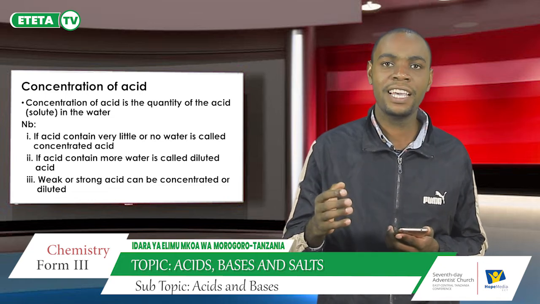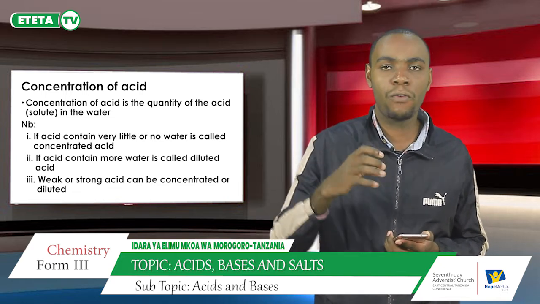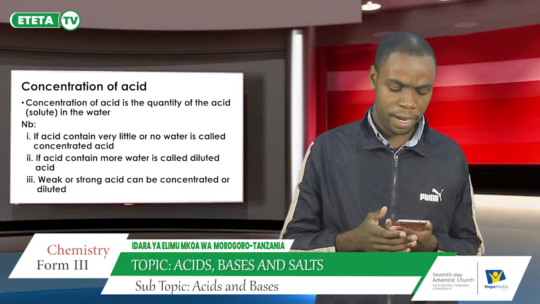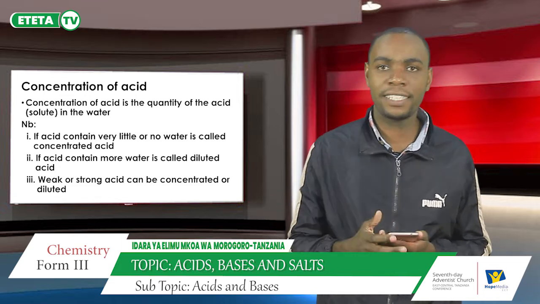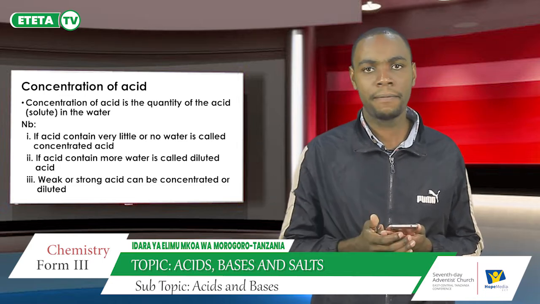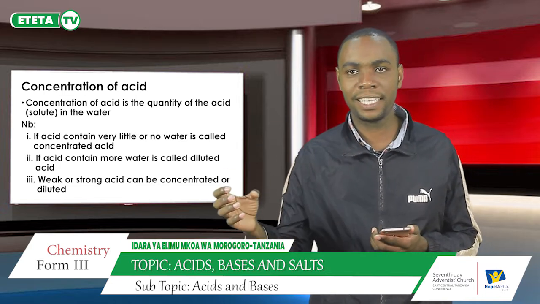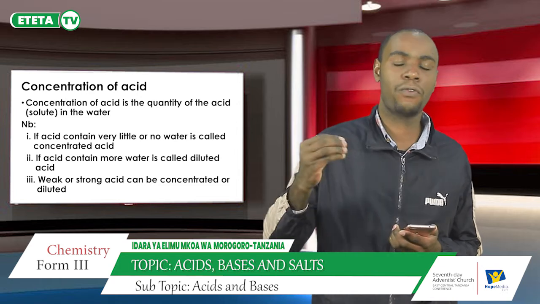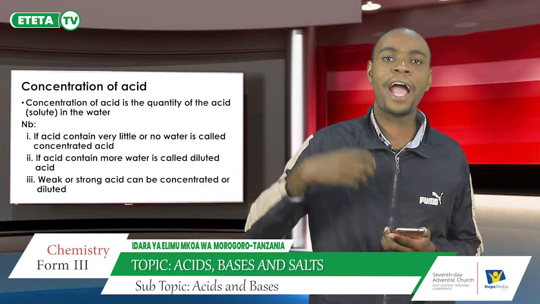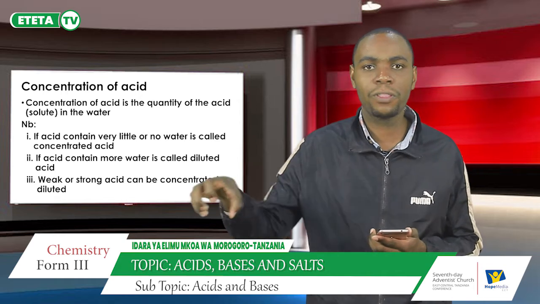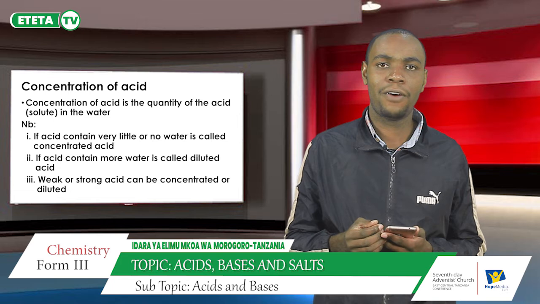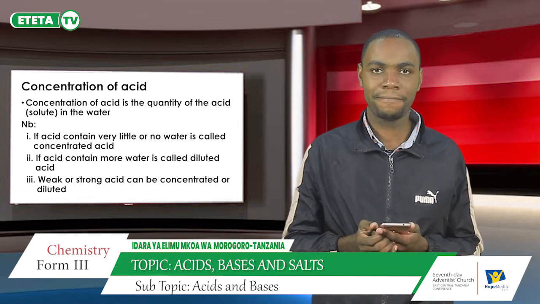So when we are speaking about the concentration of acid, this is the quantity of acid present in water. Maybe the quantity of sulfuric acid which is present in water, that's the concentration of sulfuric acid. Or the quantity of hydrochloric acid which is present in water, we call it the concentration of hydrochloric acid.